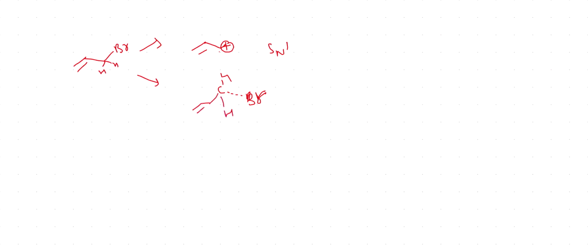OH negative will attack from the backside, and there is formation of a transition state with Br. Here is a solid bond. As we are showing here, the nucleophile is attacking. So this is the transition form, if it follows the SN2 mechanism.